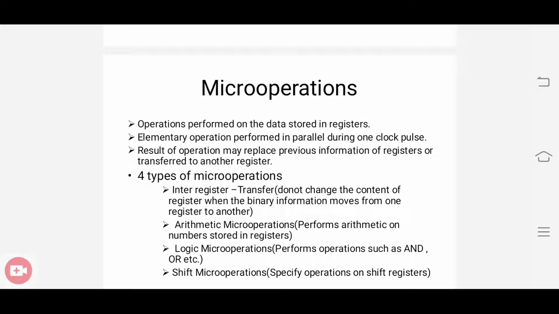First one is register, already discussed, binary information, and the third one is micro operations. That is operations, they are performed on the registers or data on the registers. 4 types of micro operations are there: inter-register, arithmetic micro operations, logic micro operations, and shift micro operations.